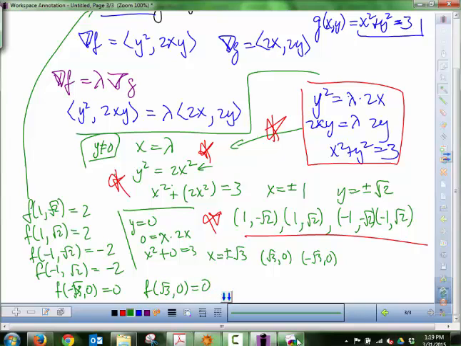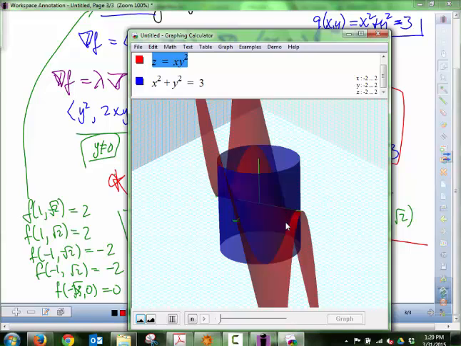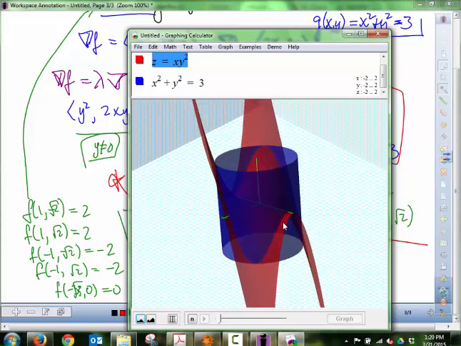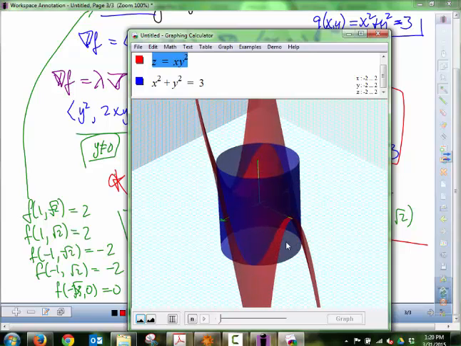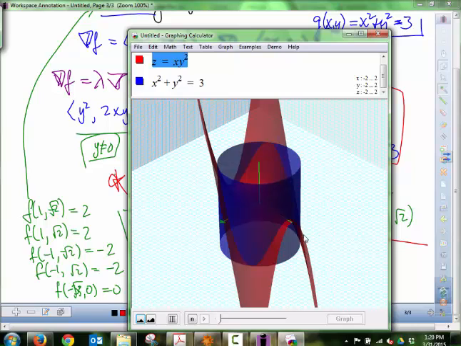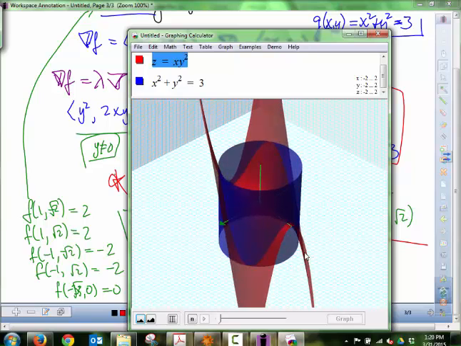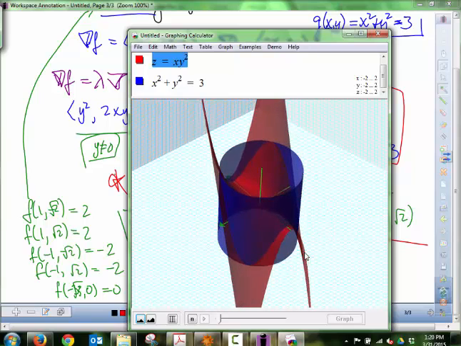So what happens at those points is they're kind of critical points as well, but they go up here, but they don't surpass the other ones.